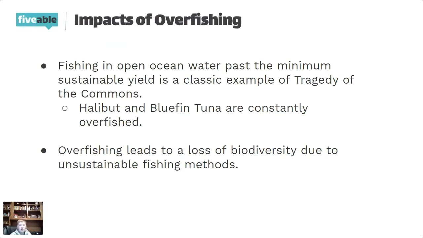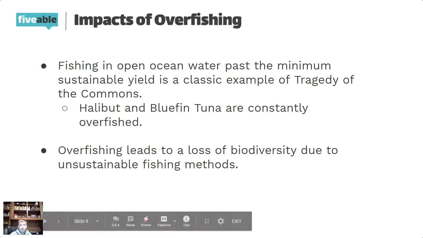If we overfish too much, we won't be able to get some species of fish back that we were once fishing. Once we go past our minimum sustainable yield, there's not enough fish to repopulate, and then we can't get the fish anymore. We can't get them back like we want to. If you think about it, we've already done that with some species.